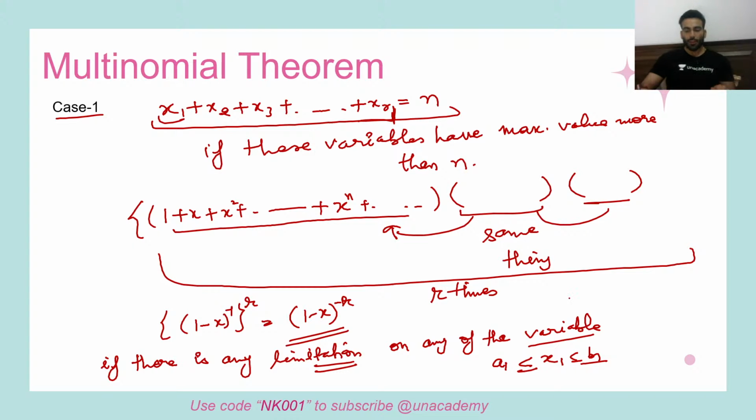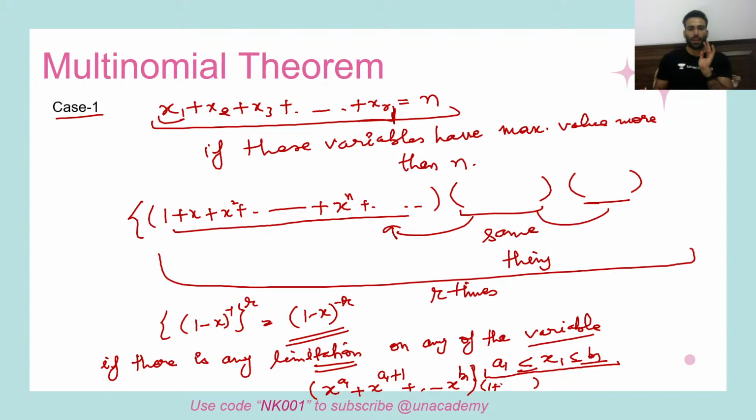We are trying to find the cases by which the exponents of x make n, so the game is all about adding the exponents of x. If there is a constraint on a variable, when writing the expansion for that variable, start its power from x raised to a1 and continue till x raised to b1 in multiplication. That's it. The remaining things will be as they are.